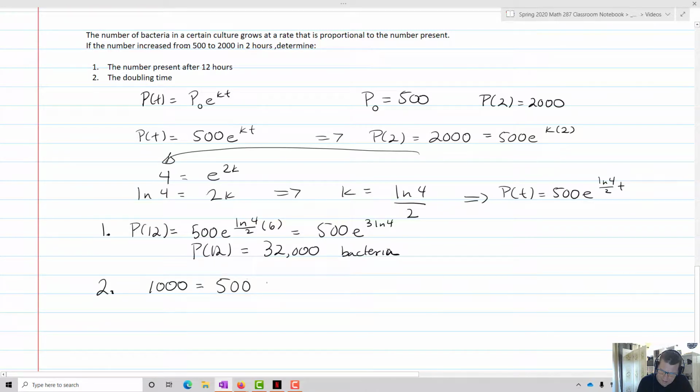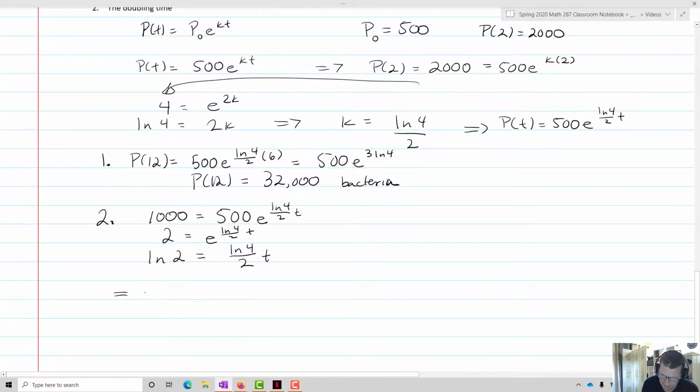So 1,000 is going to equal 500e^((ln 4 / 2)t). Okay, so that gives me then 2 equals e^((ln 4 / 2)t). So that will tell me then that ln 2 will equal the natural log of 4 divided by 2, times t.